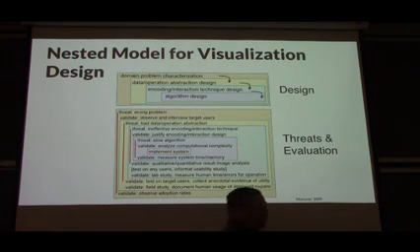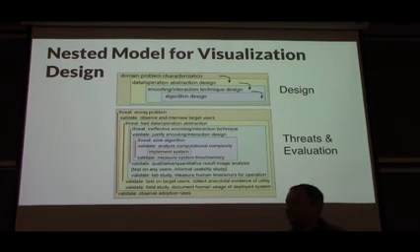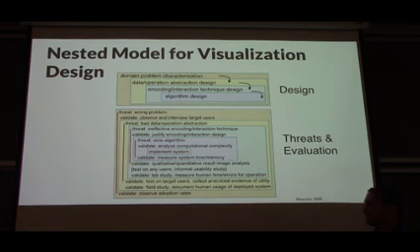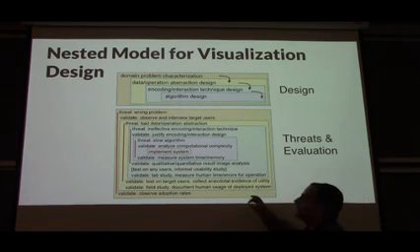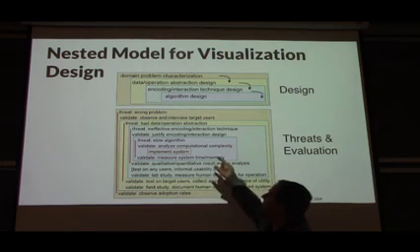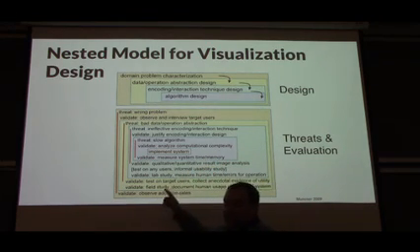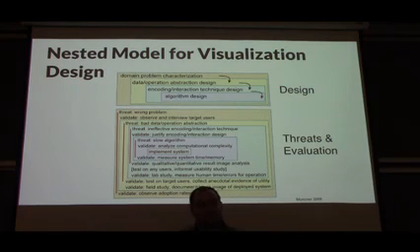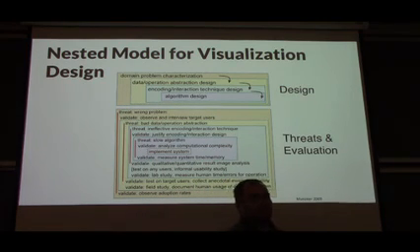And so here is a more detailed version of this figure, with the various threats and the evaluation approaches at these stages. At the domain problem stage, the threat is that we pick a wrong problem that is not actually what our domain collaborators have.